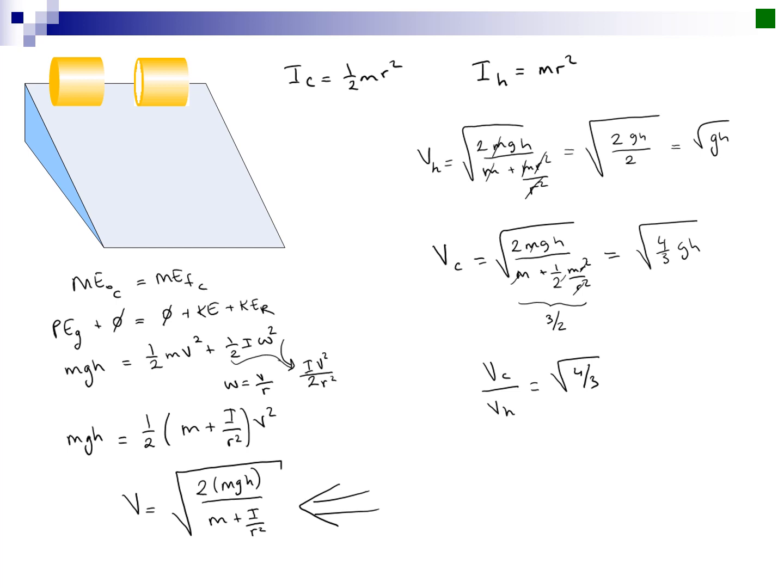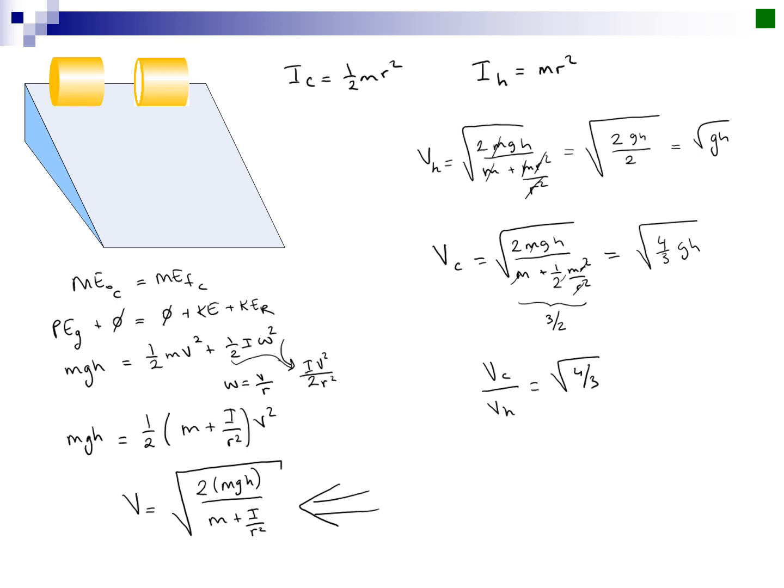So, moment of inertia for the cylinder is given as 1/2 mr squared on a table, and moment of inertia for the hoop is given as mr squared only. So let's go ahead and write down the conservation of mechanical energy equation for the cylinder first. Mechanical energy original for the cylinder is equal to mechanical energy final for the cylinder.